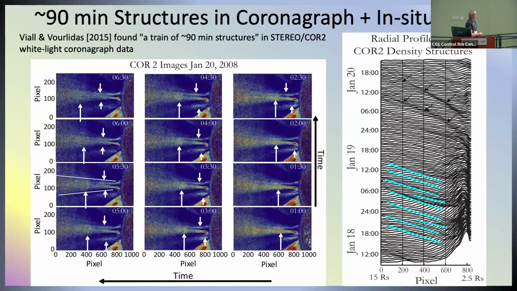And this is another way of doing that. You can look at density blobs coming off of coronagraph streamer arrays. And if you track these disturbances, this is just stream after stream after stream of density stuff coming out of the slow solar wind all the time, coming out of these helmet streamers all the time.